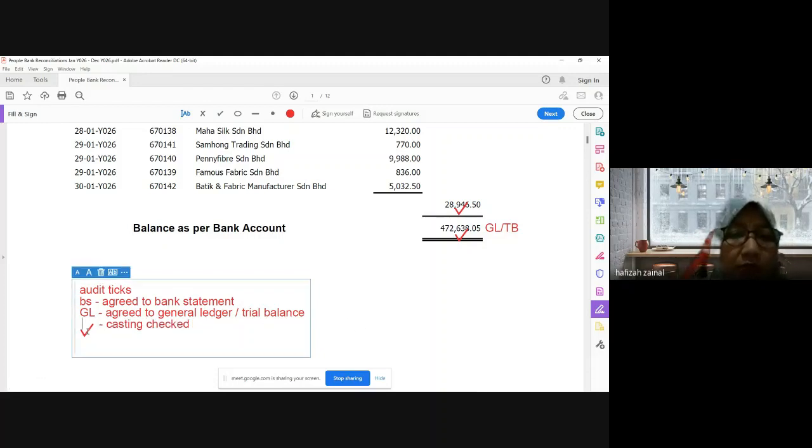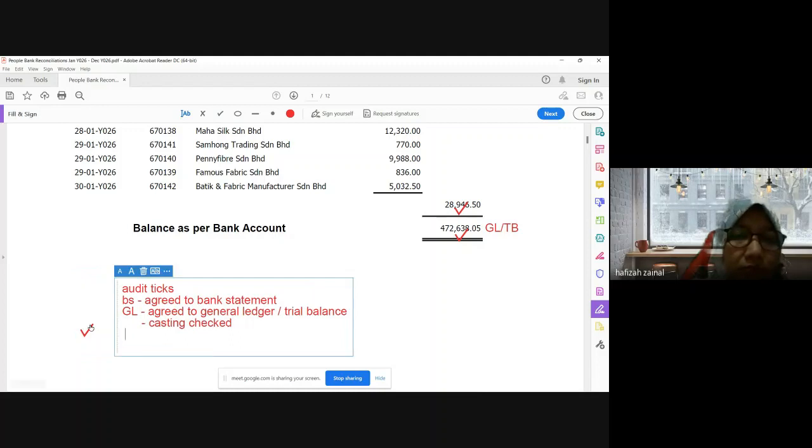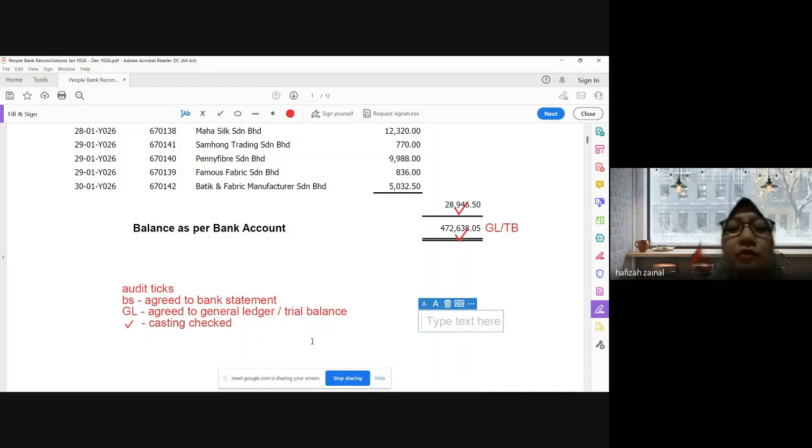So meaning that we already know, by looking at this, that the calculation has been checked. So that's what we do.